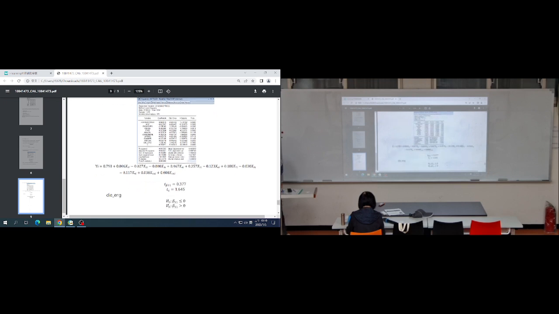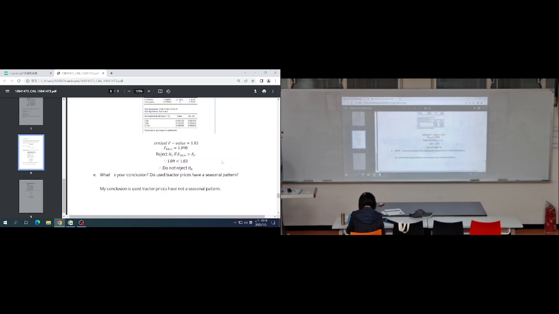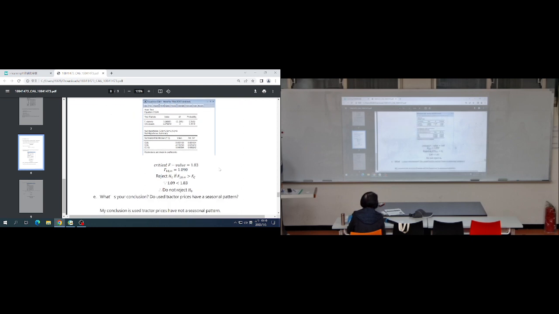Step 6. Excuse me, let me see your F value. 1.83. Is that correct? Where did you get this? I checked the one table. Degrees of freedom from numerator. What's the numerator's degrees of freedom right now?